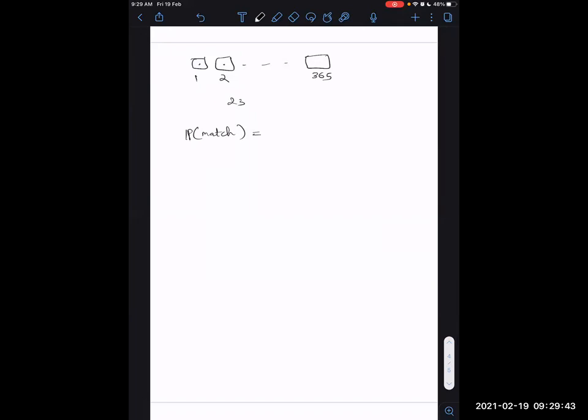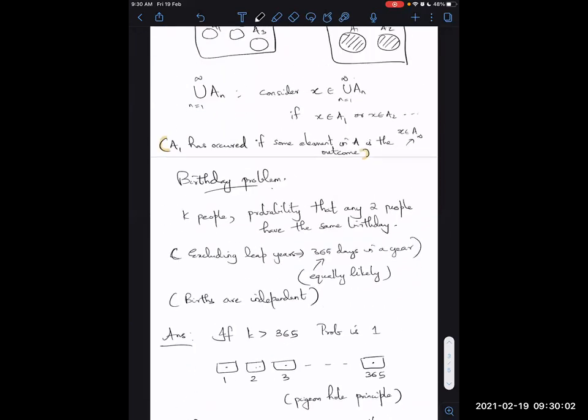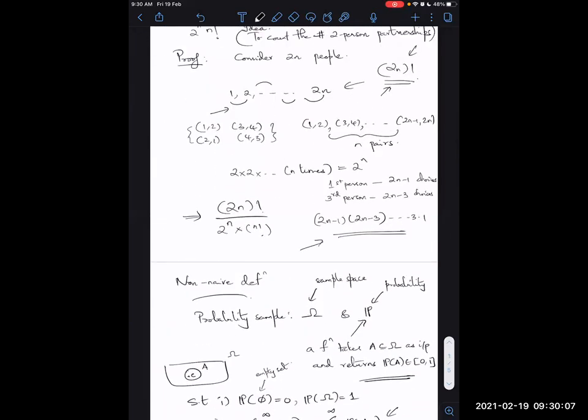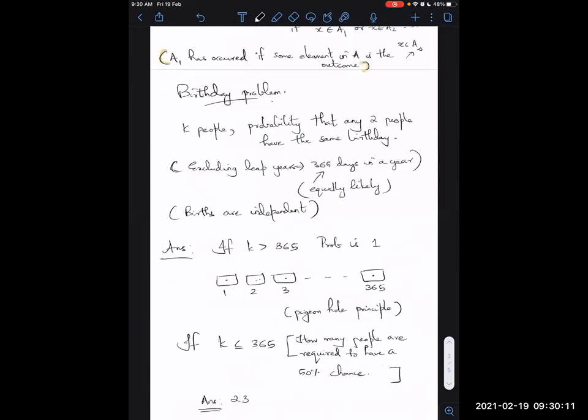The easy way to think about this problem is the probability of no match, which means no two people out of these k people have the same birthday. This is an easy problem because we have seen a similar problem, the last counting problem we saw. It is similar to the RHS of this problem. So how do we do this?